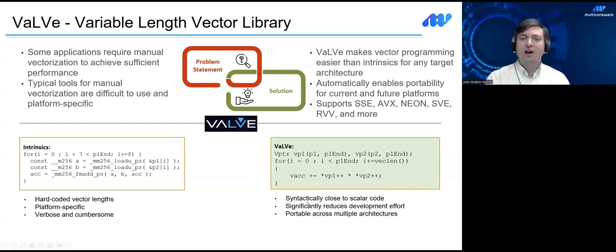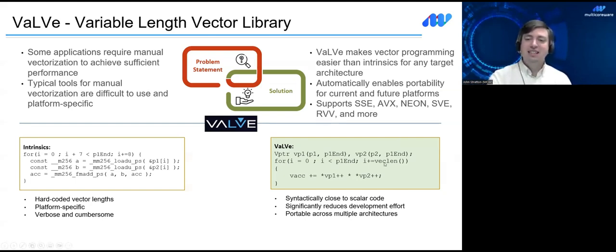We are working on a product called Valve, which is going to enable the same kind of manual vectorization. So you're still doing explicit vectorization in your C and C++ code, which means it is going to take a little bit more effort than vanilla C or C++ code.